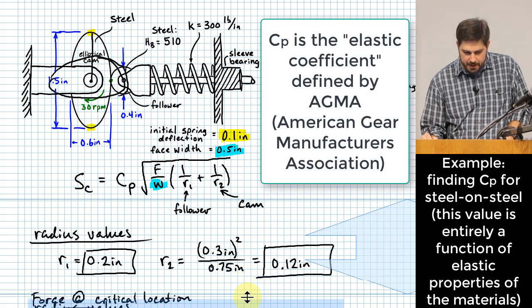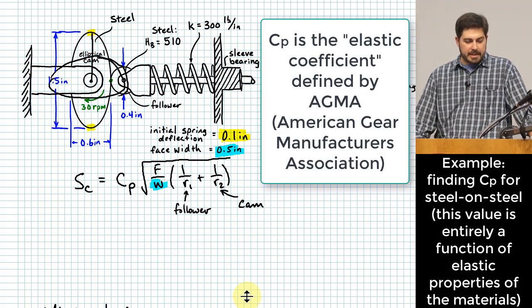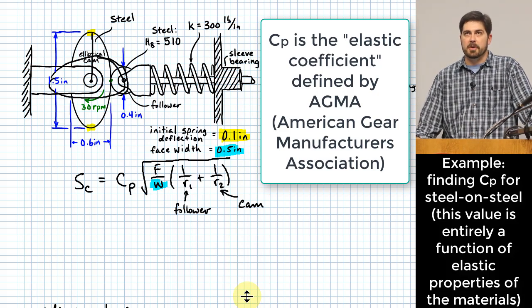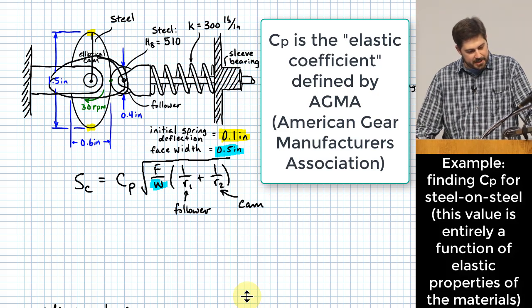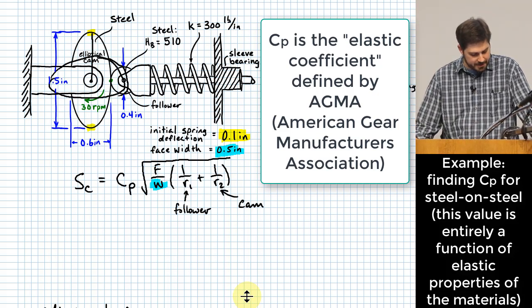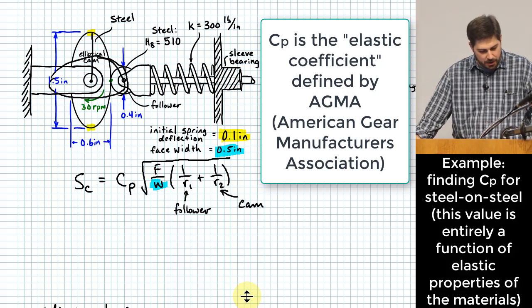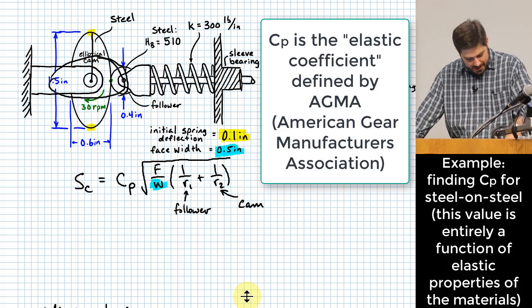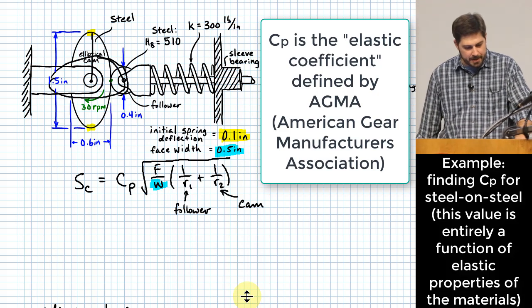It's interesting, it's a function of the elastic properties of a piece of material. And they don't give a nicely encapsulated statement of how to find C sub p. So what we have to do is go to a couple of different equations and assemble our own statement of how to find C sub p.